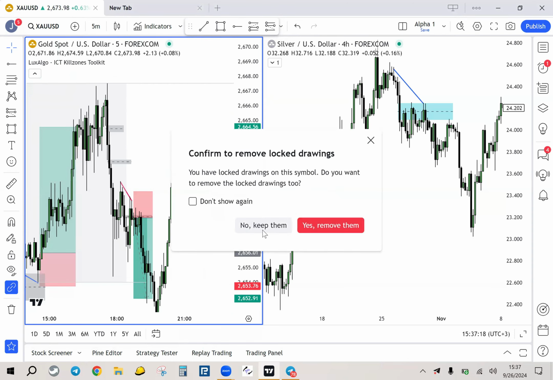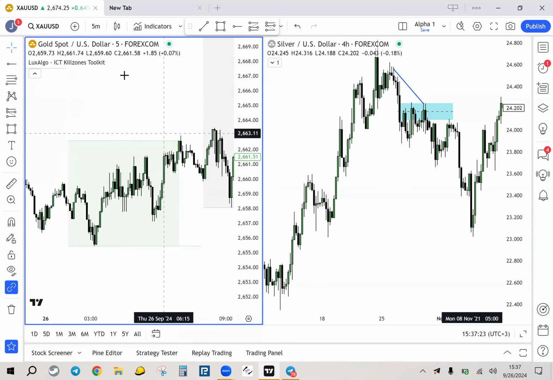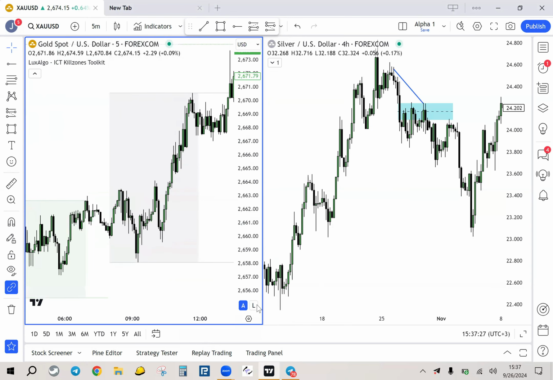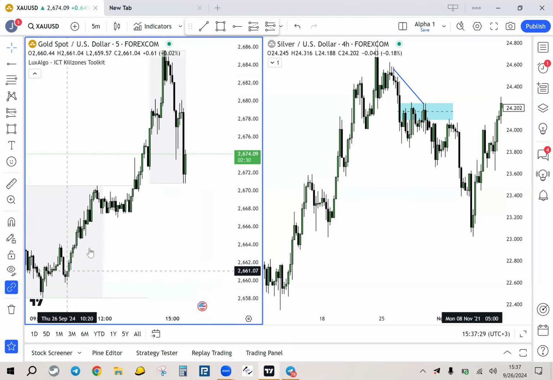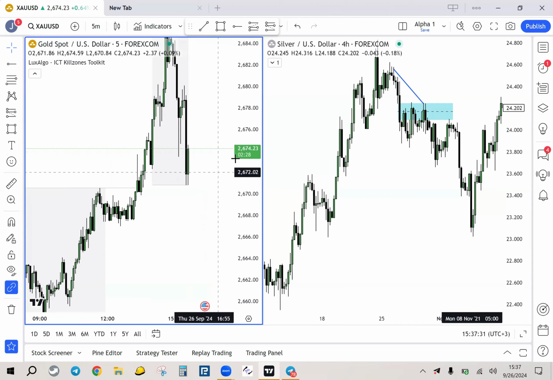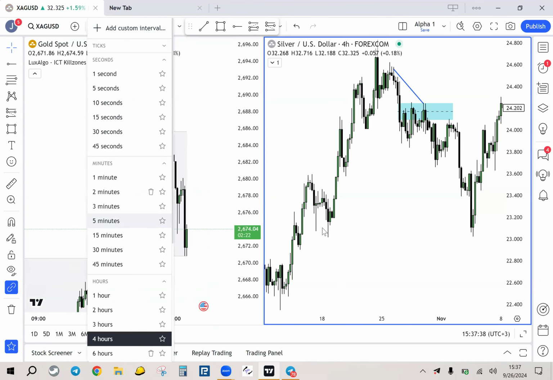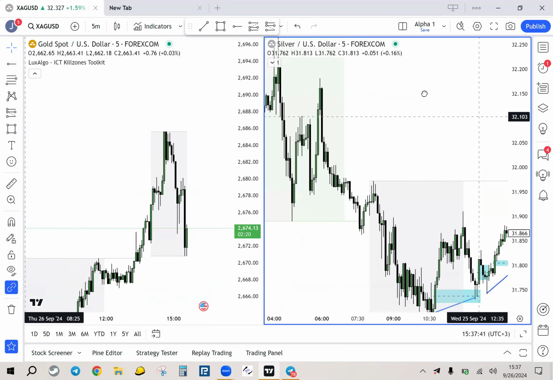Okay, so we're going to remove drawings from here, from gold. Okay, and also let's look at silver. And we're going to try to analyze the two of them together.